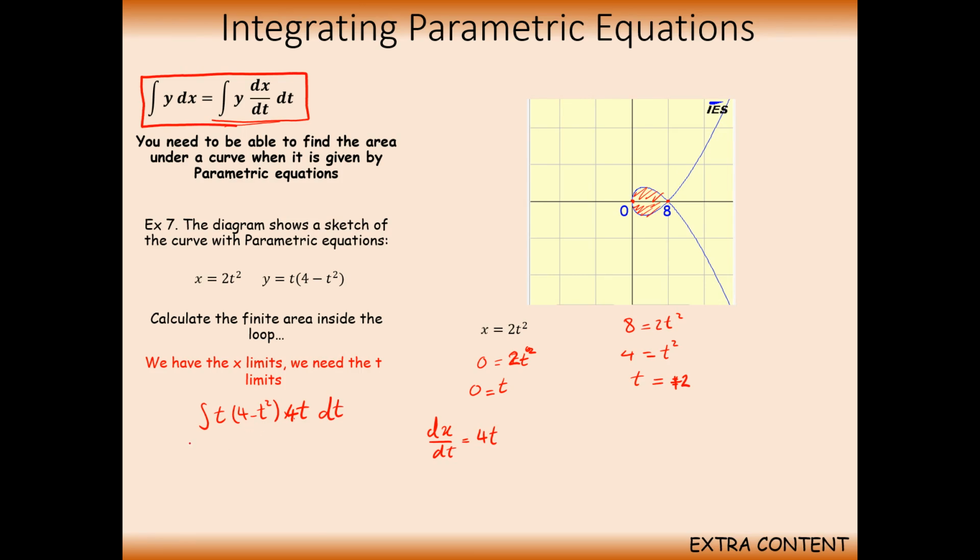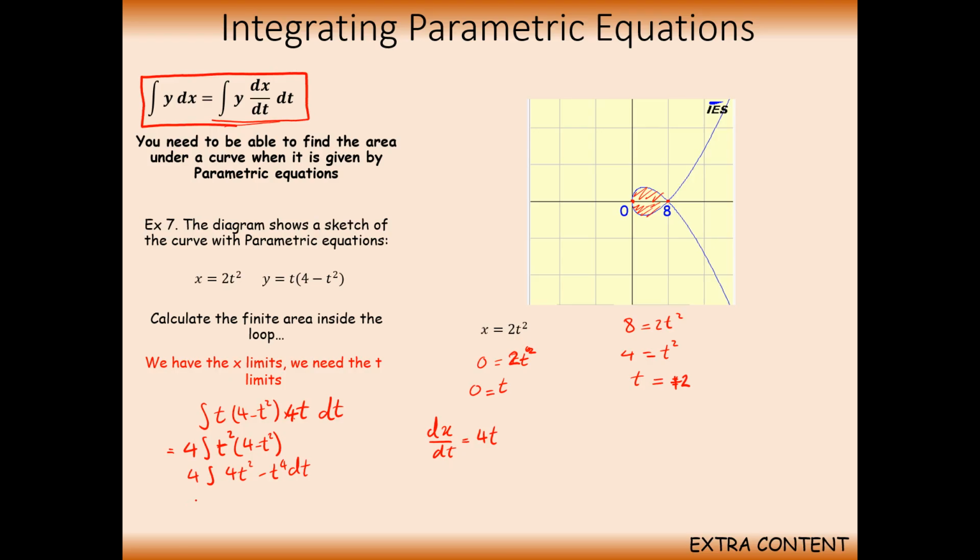So let's pull out the factor of 2 in front of the integral. We'll have t here, t squared actually, multiplied by 4 minus t squared. So integral remains as it is. 4t squared take away t to the power of 4 dt.